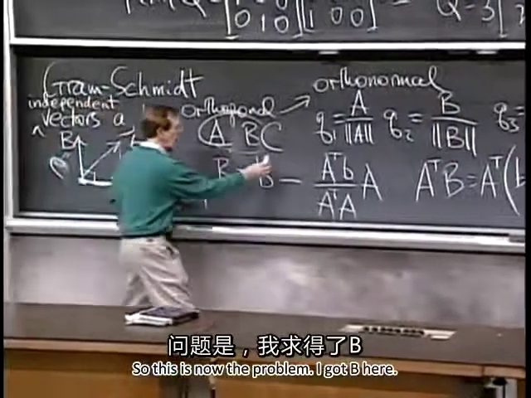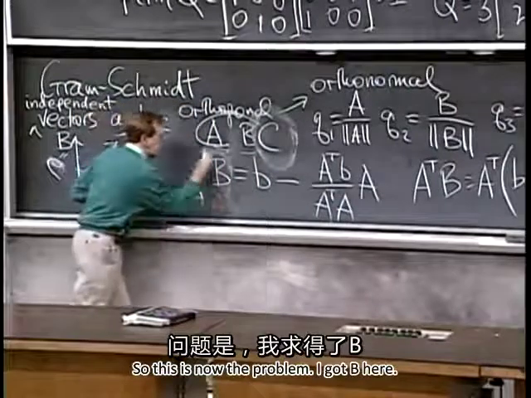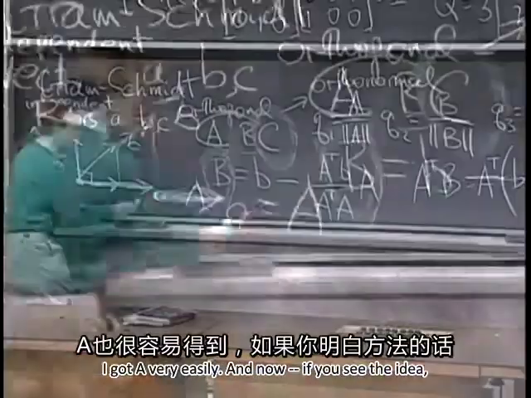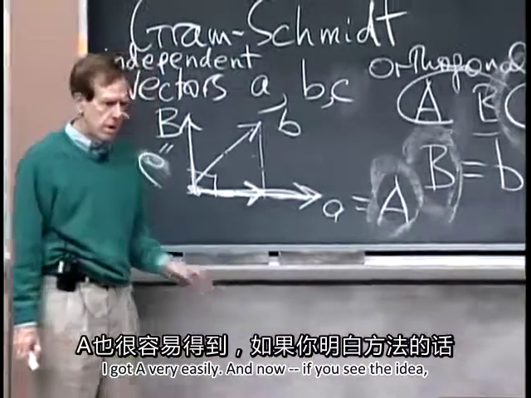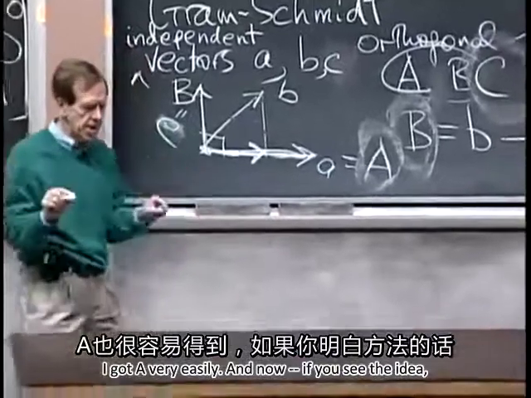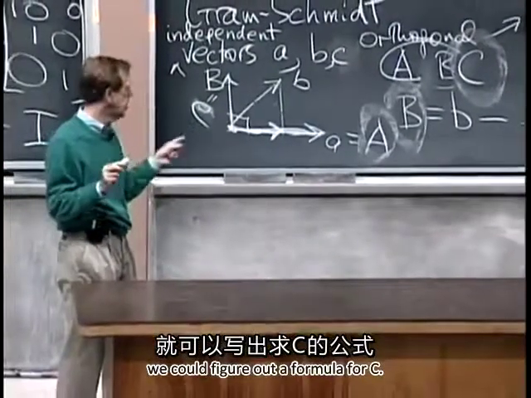So this is now the problem. I got B here. I got A very easily. And now, if you see the idea, we could figure out a formula for C.